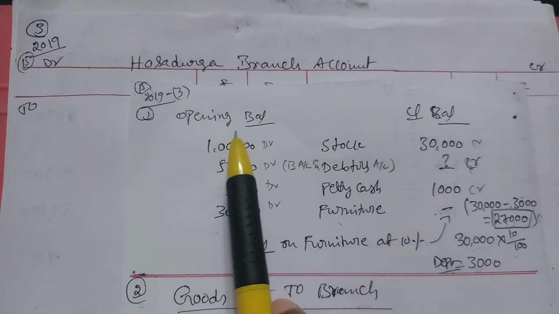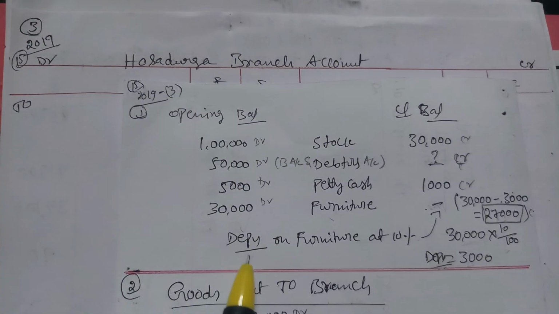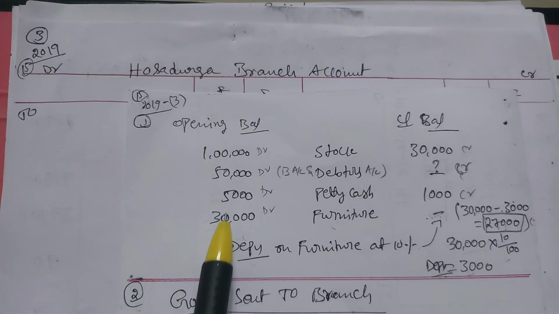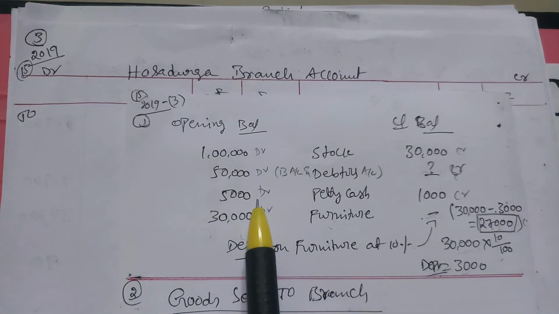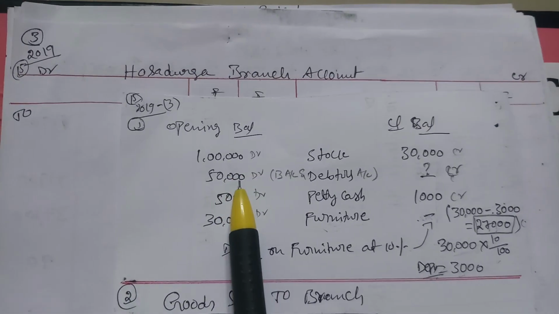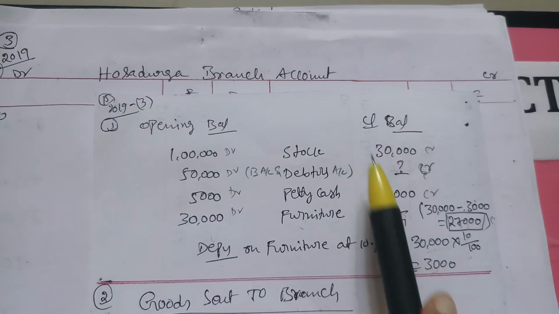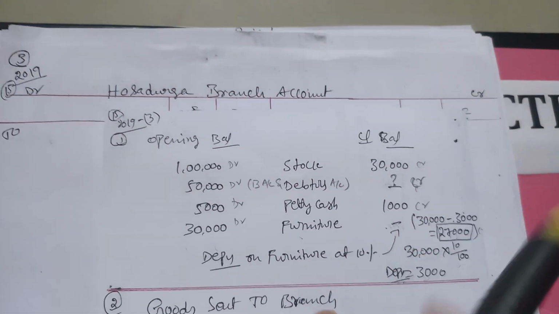The opening balances come to the branch account debit side: stock, debtor, petty cash and furniture. Opening balance is on the branch account debit side. Closing balance is on the branch account credit side. Is it clear?